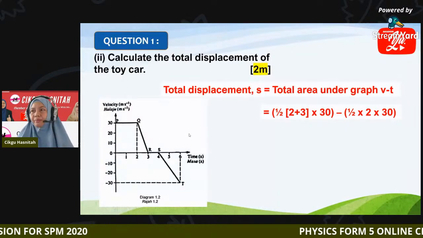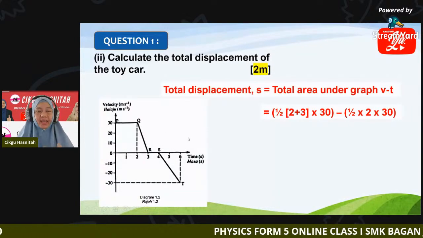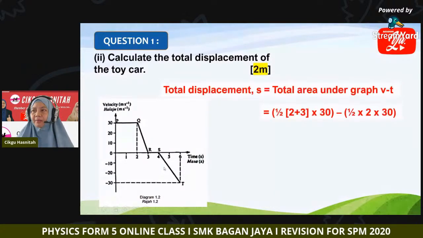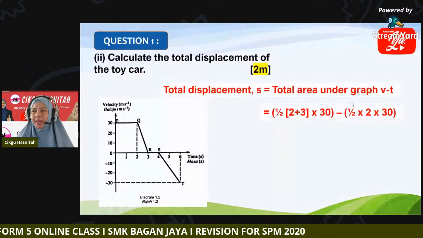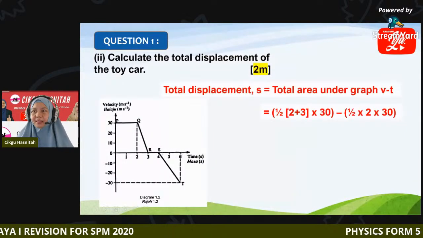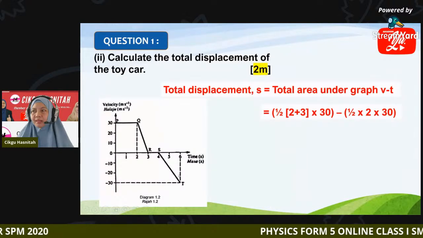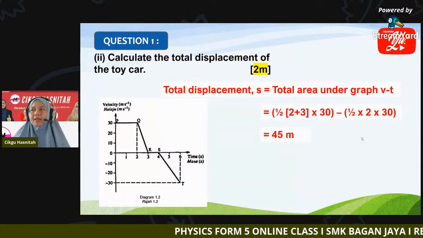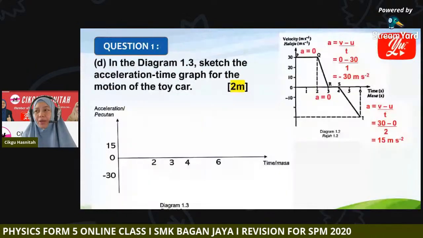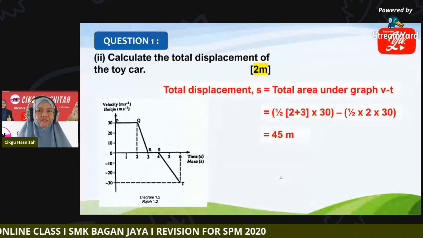Below here we have a triangle. The formula for area of a triangle is half multiplied by base, which is 2, multiplied by the height, which is 30. So the total displacement is 45 meter. Very well, Wei Liang. Very good, 45 meter.